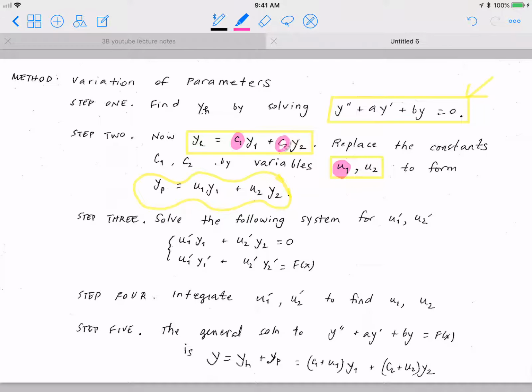And the same thing with our second constant, we'll allow it to vary. So we are allowing our parameters to vary, and that's how we get variation of parameters, right? So we're letting these parameters, c1 and c2, vary, and then we're solving for those functions.